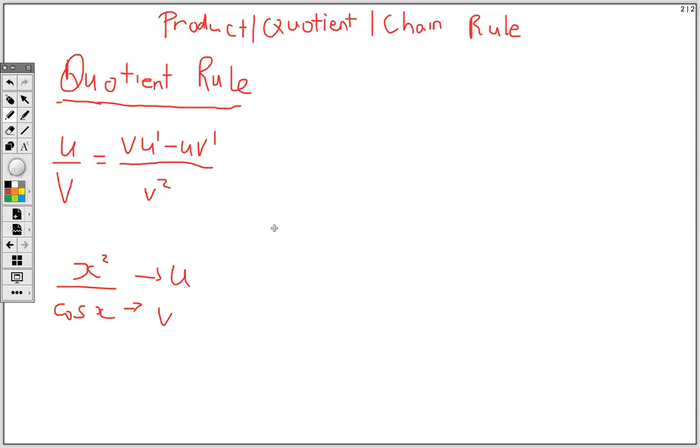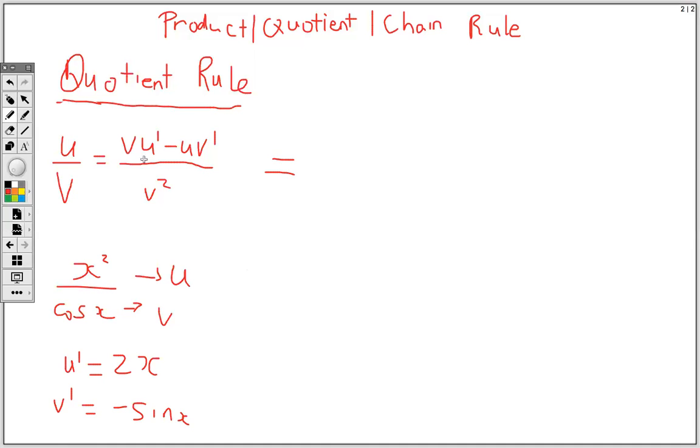So if I'm going to go ahead and differentiate this, my u prime means I differentiate x squared and arrive at 2x, while for my v prime, we differentiate cos x to arrive at minus sine x. So the next step is to substitute into the formula.